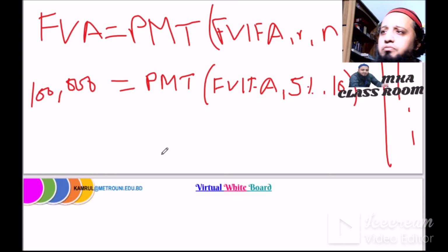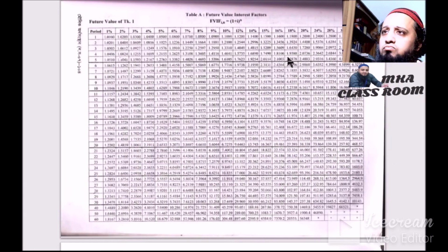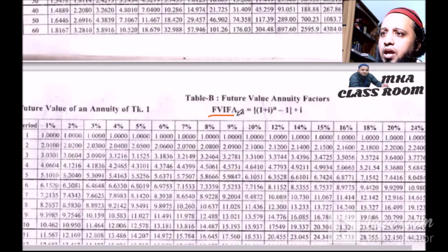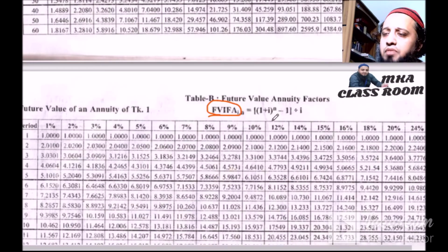So if we find our table, we will find our value FVIFA, future value interest factor annuity, at 5% and 10 years, that is the crossing value 12.578.